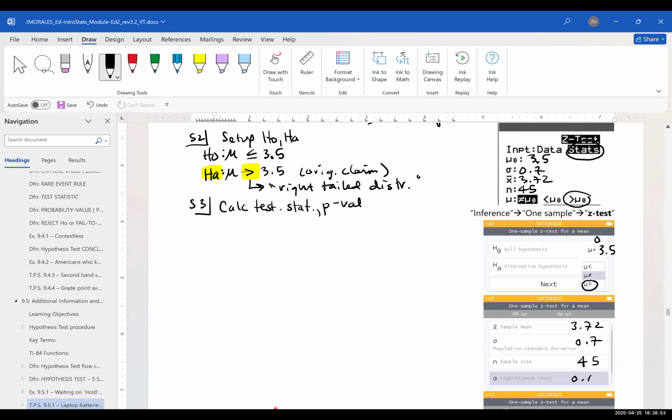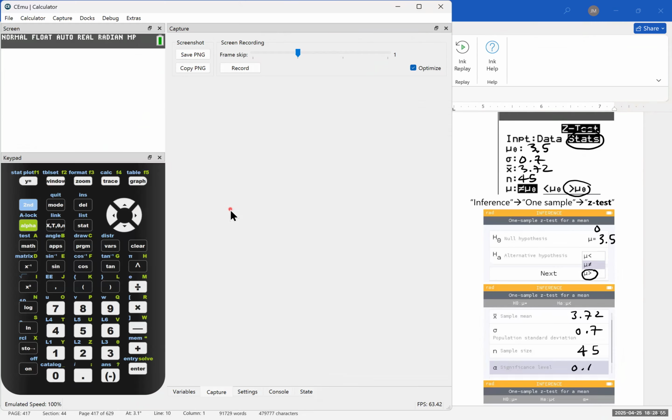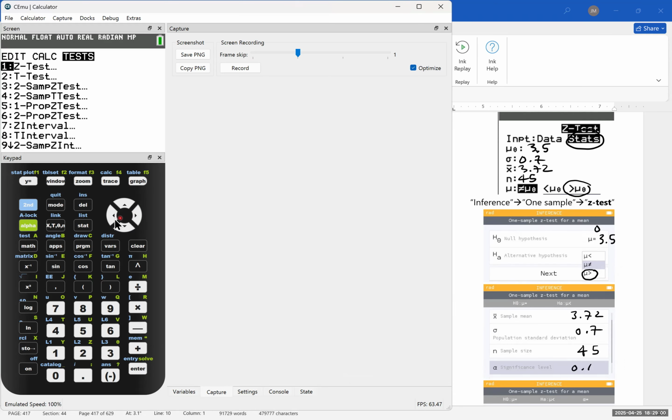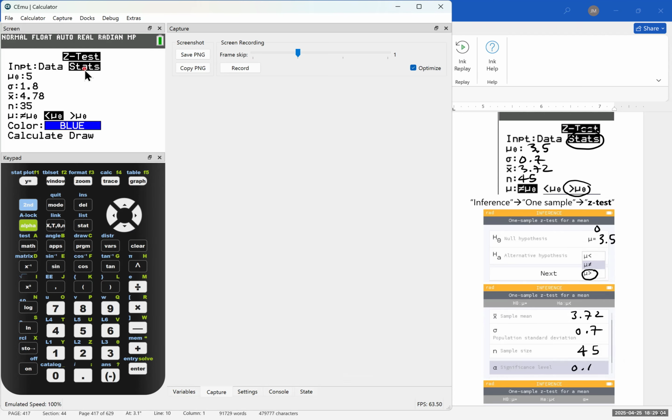So let's go ahead with the Texas Instruments. We want the z-test function. We're going to hit the stat button, go to tests, and the first one is a z-test. We're going to be inputting stats. I'll put 3.5 here, population standard deviation of 0.7, sample mean of 3.72, sample size of 45.